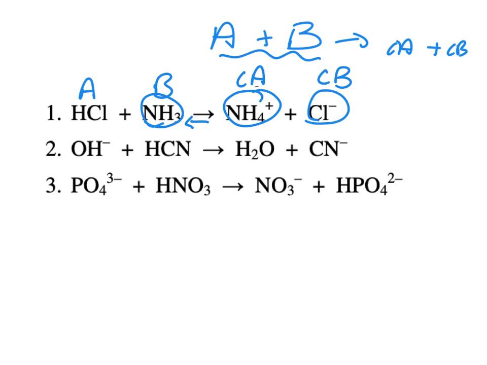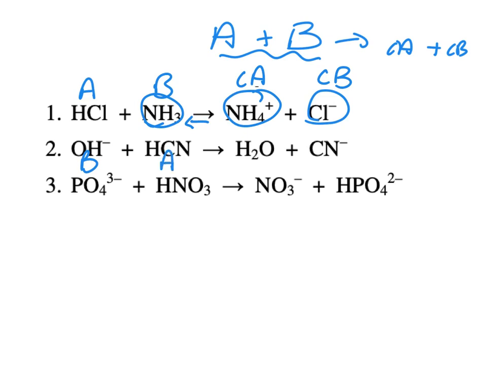Let's try example number 2. On this side of the equation, I went from an OH minus to an H2O. This is a substance that was capable of accepting a hydrogen, so this is my base. This substance went from HCN to just CN minus, that cyanide ion.